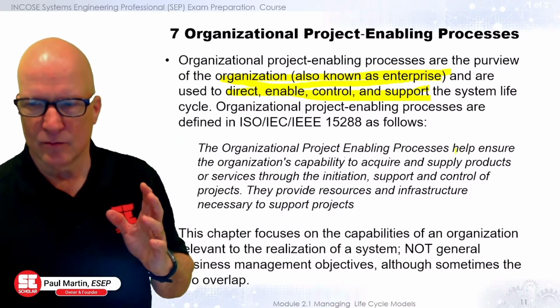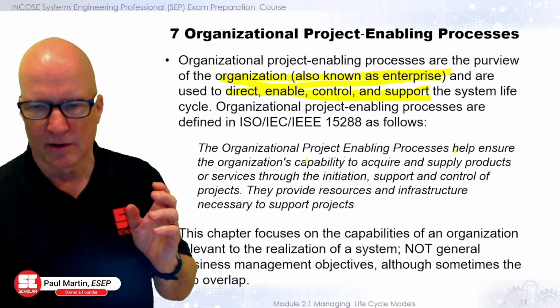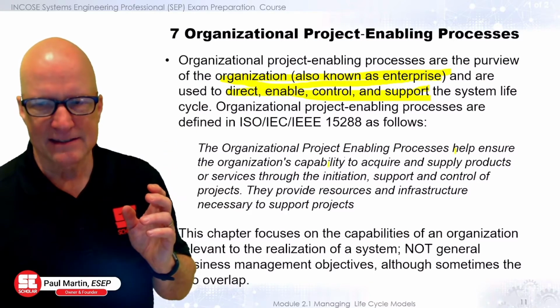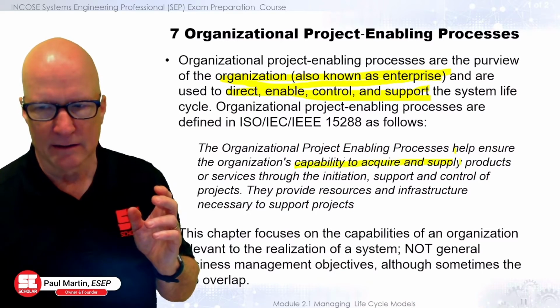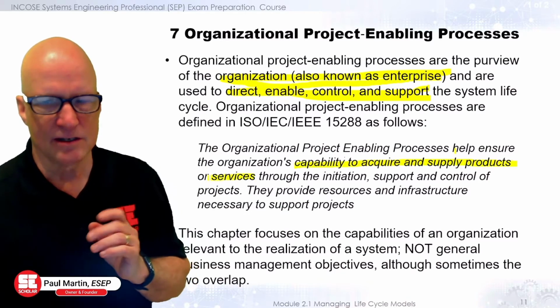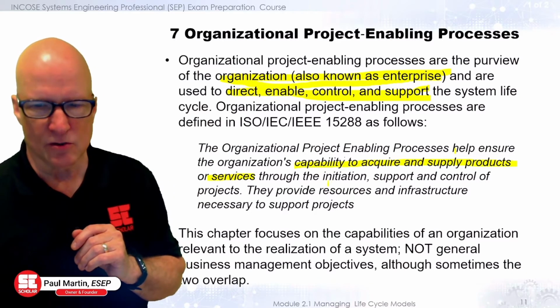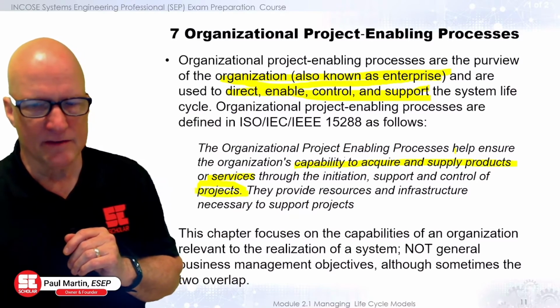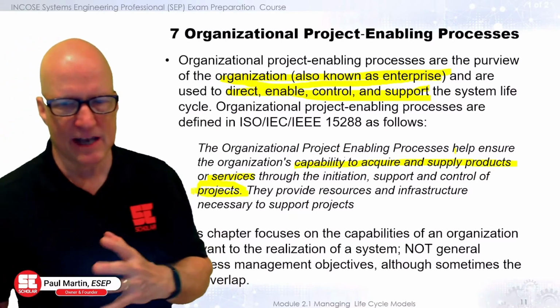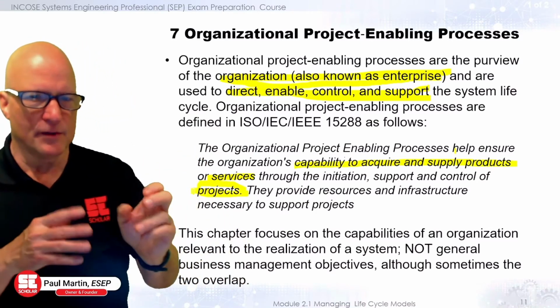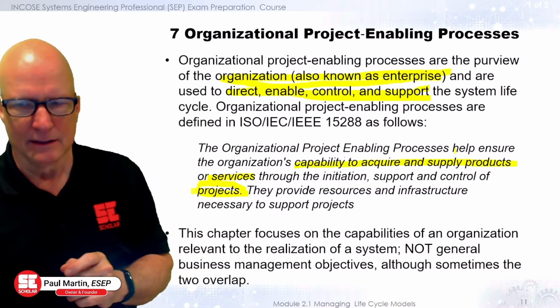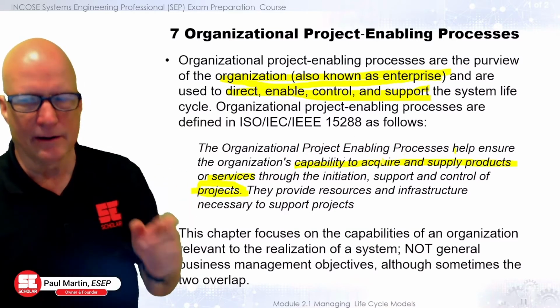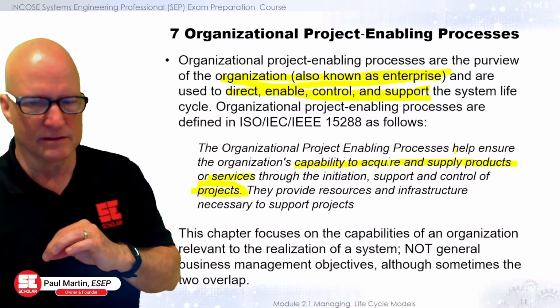And what they're trying to do is ensure that the organization has the capability to acquire or supply products or services through the initiation and support and control of projects. So everything we're going to look at for Chapter 7 is in support of the project that they're creating, which deals with either acquiring or supplying the product or service.